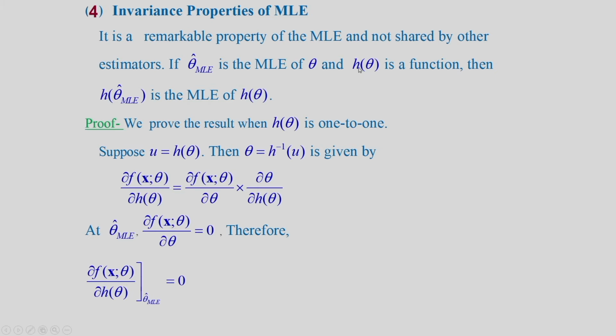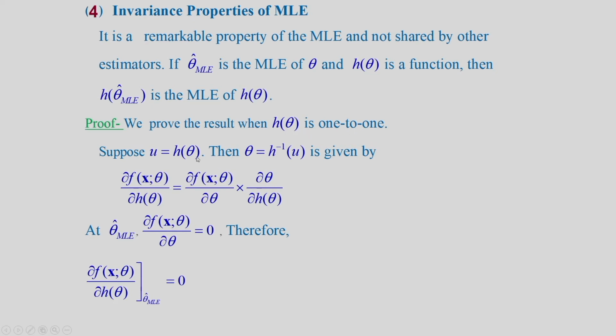So, that is the invariance. Under transformation, the maximum likelihood point is invariant. So, whatever theta hat MLE is there, at that point the corresponding function h of theta hat MLE will be the MLE for h(theta). We prove the result when h(theta) is 1 to 1.